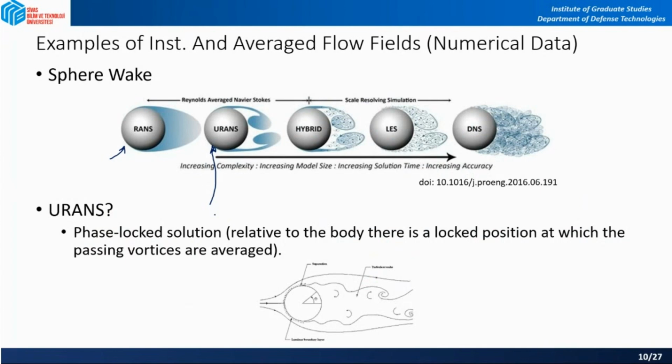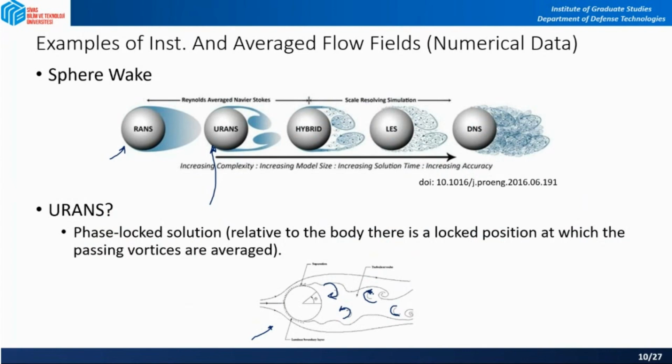For example, in the case of the circular cylinder, there is a wake of the circular cylinder, as you see in here, and there are alternating vortices, one in here, then one in here, then again one in here, and then one in here. These are alternating vortices from the top and bottom of the cylinder.